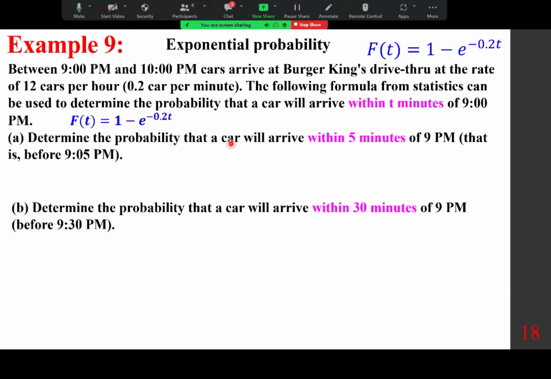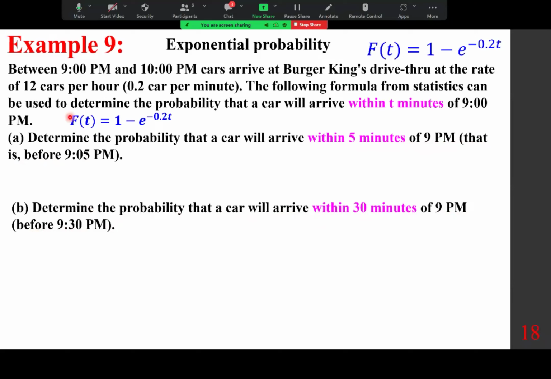Determine the probability that the car will arrive within 5 minutes of 9 p.m., that is before 9:05 p.m. Determine the probability that the car will arrive within 30 minutes of 9 p.m., that means before 9:30 p.m.